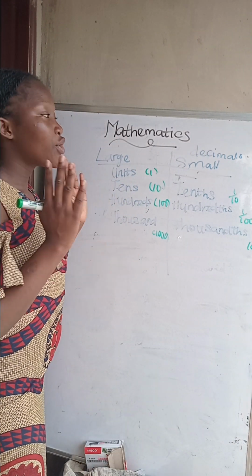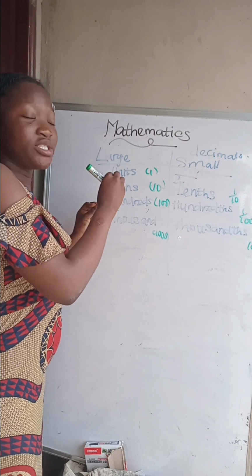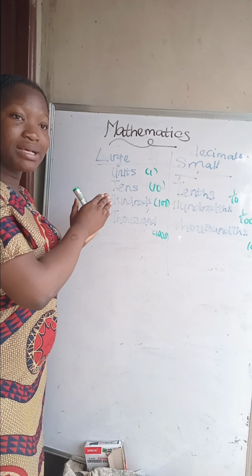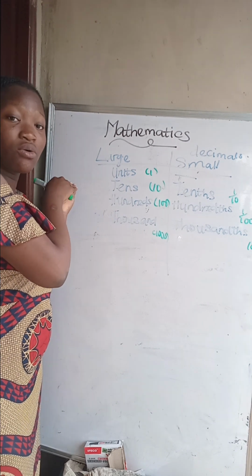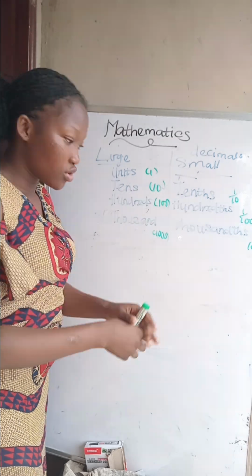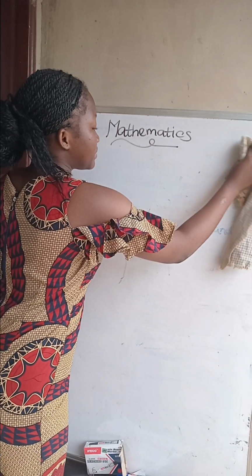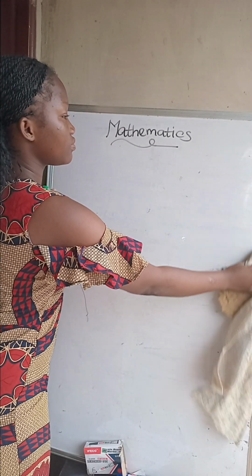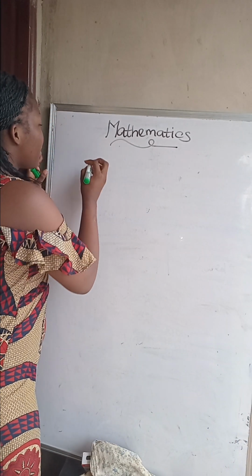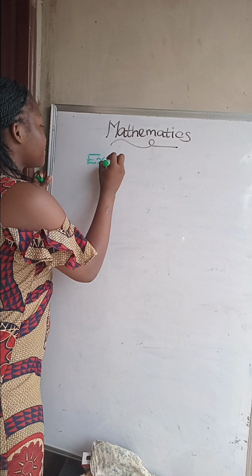So now we go to changing decimal numbers in words to figures. Now we have example 4.